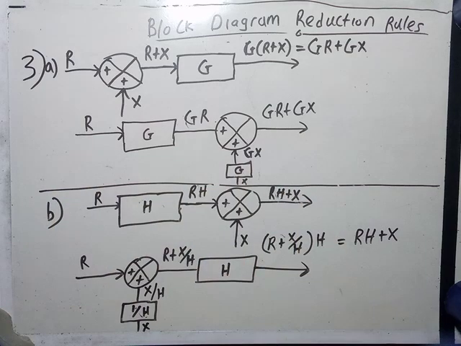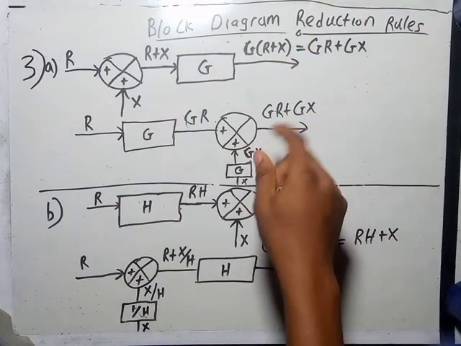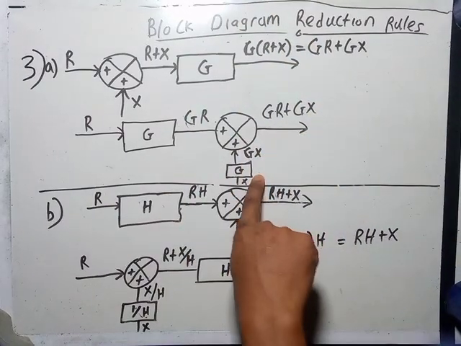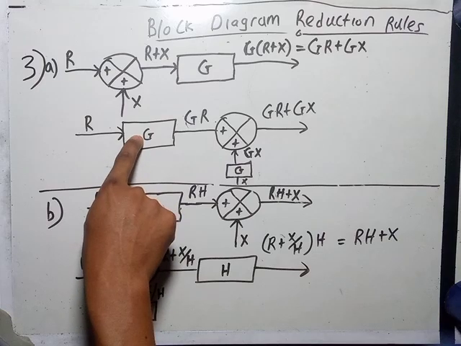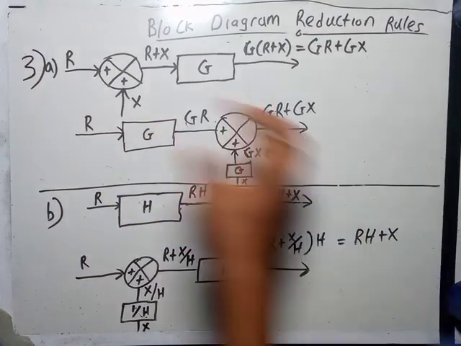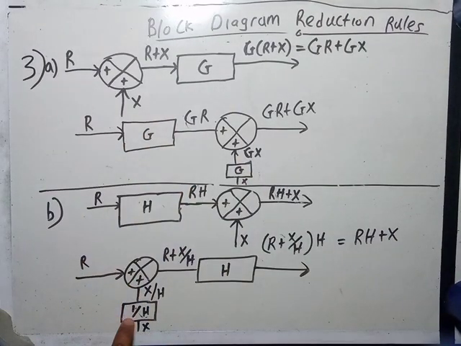So that's for your summing points. When you want to move it in front, the feedback loop, add the same transfer function. But if you're moving it behind, you divide. That's for your summing points.